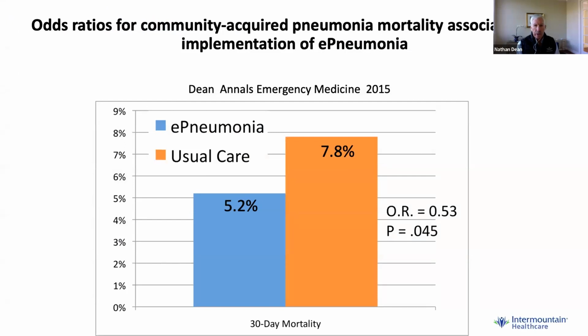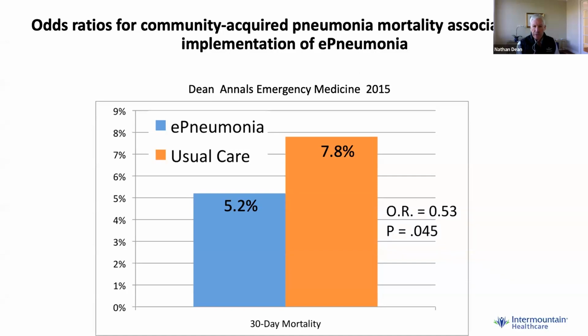So we first looked at the performance and outcomes of e-pneumonia in a publication in the Annals of Emergency Medicine, which is the primary emergency department journal. In 2011, we rolled out e-pneumonia, deploying it in 4 hospitals in the Salt Lake Valley here in Utah, and left 3 other hospitals along the same urban corridor we call the Wasatch Front as usual care controls.